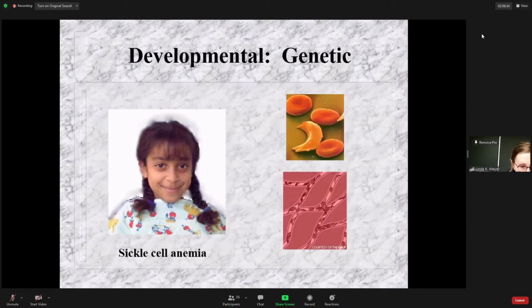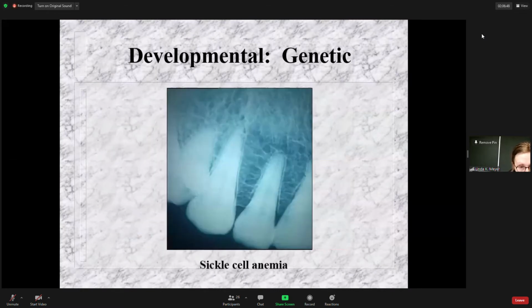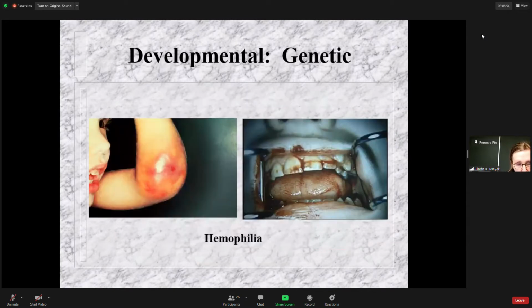So I wanted to give a couple more examples. This is definitely genetic. Sickle cell anemia is a genetic disease. It's passed along with a specific gene. And there may be some oral manifestations. We're not going to worry about that right now.